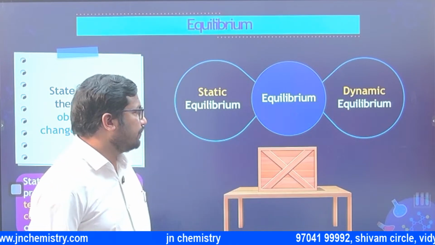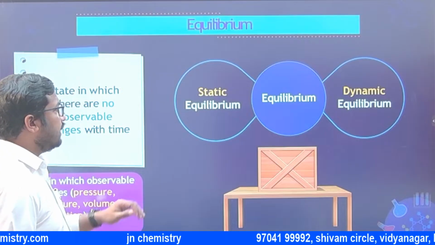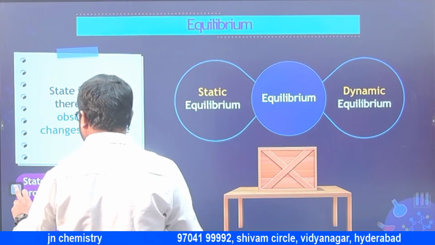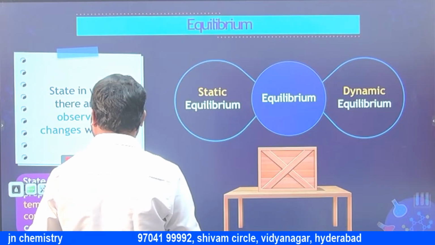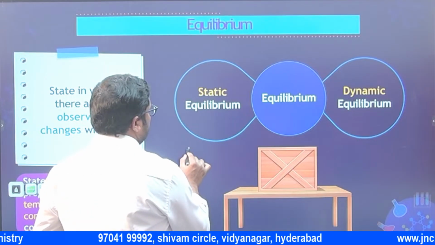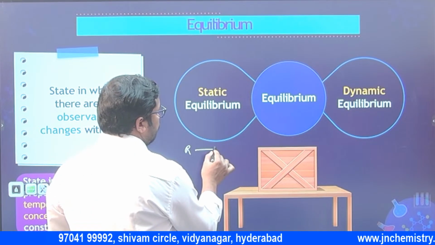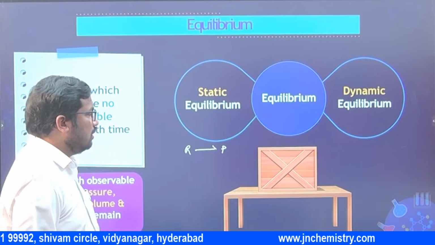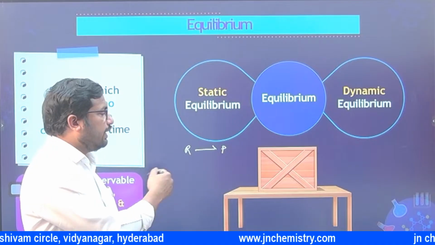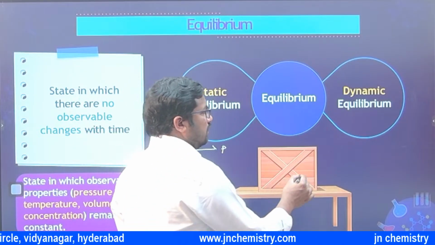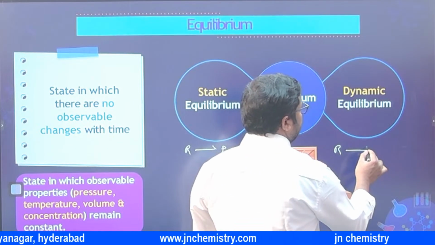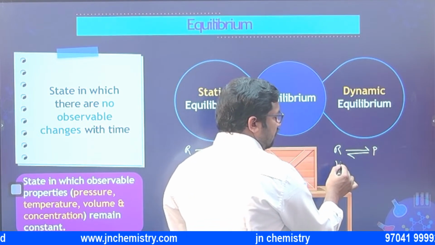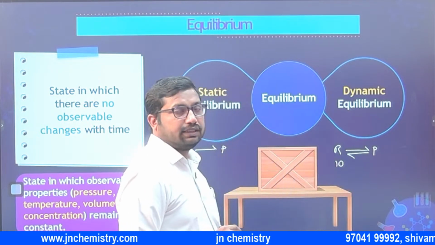Particularly, static means, for example, try to understand, Nana. Reactant is converting into product, and there is no equilibrium. Imagine reactant is converting into product and product is converting into reactant. For example, reactant concentration is 10.